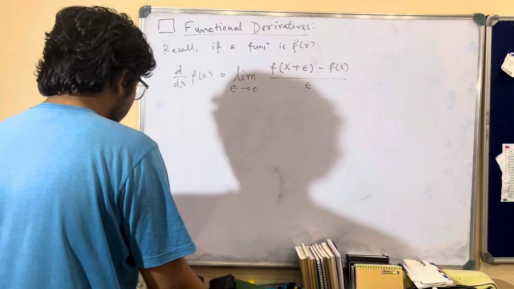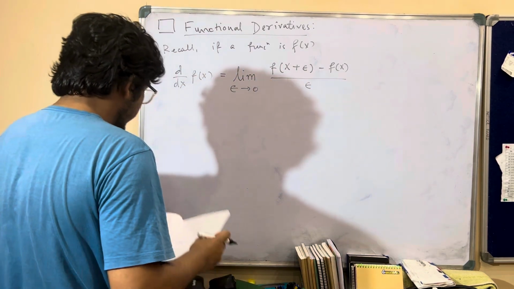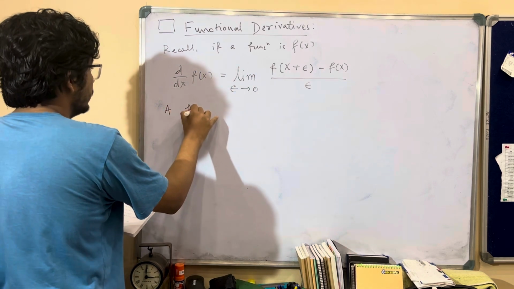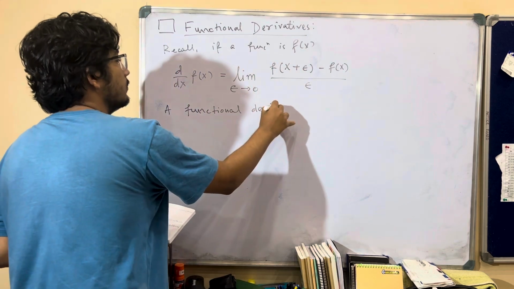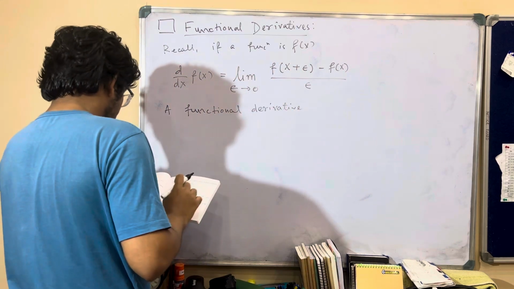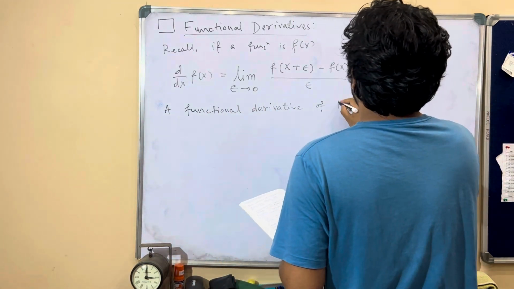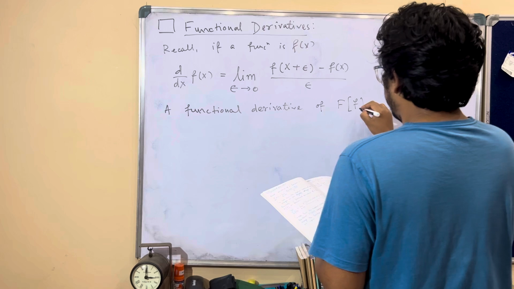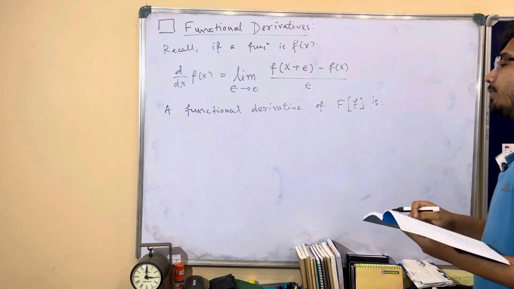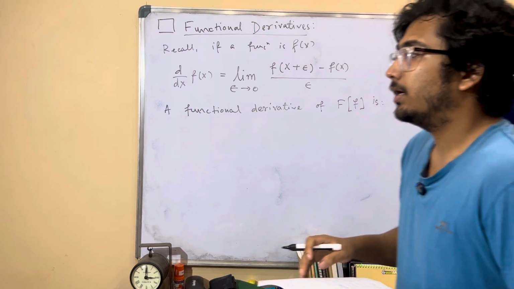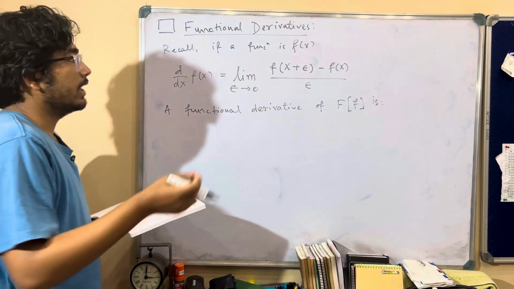Now for a functional, similarly, a functional derivative of some functional capital F of small f is, in this part we have seen that a derivative is nothing but analyzing how the output changes if we slightly change the input.